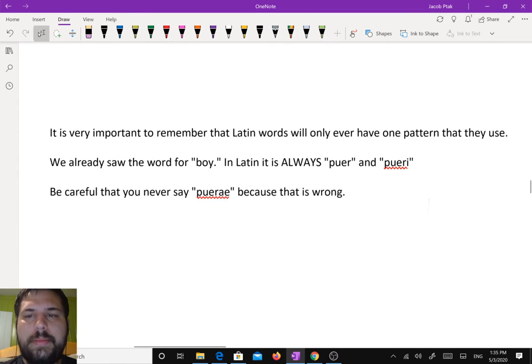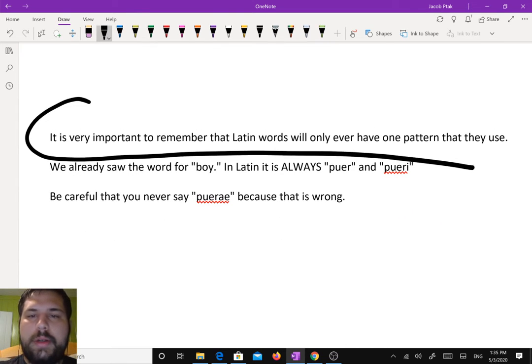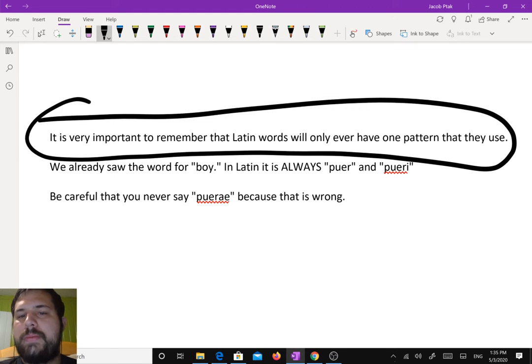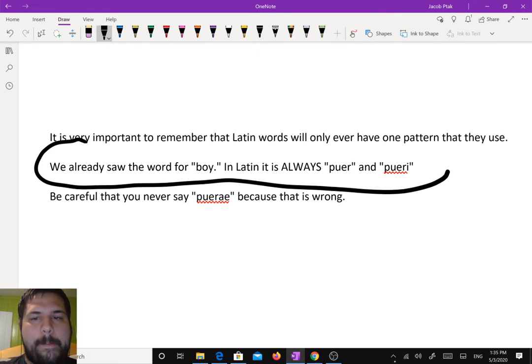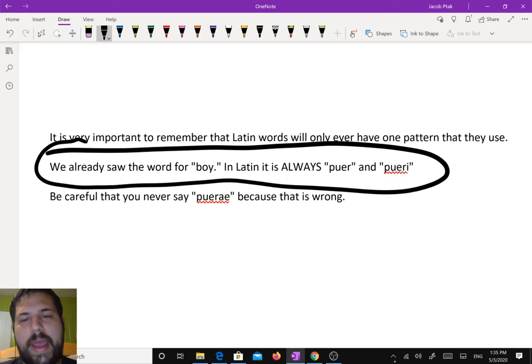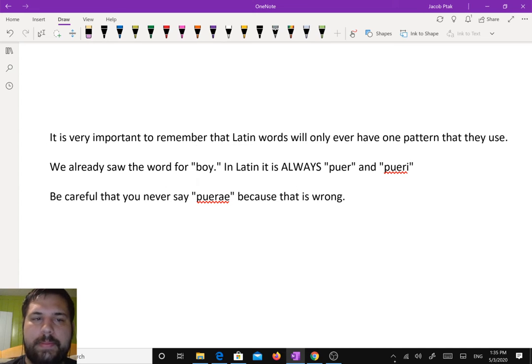So it is very important to remember that Latin words will only ever have one pattern that they use. We already saw the word for boy. In Latin, it is always puer and pueri.